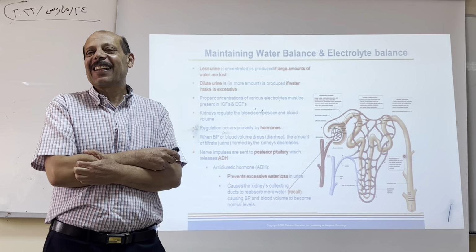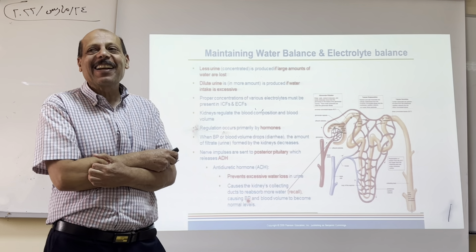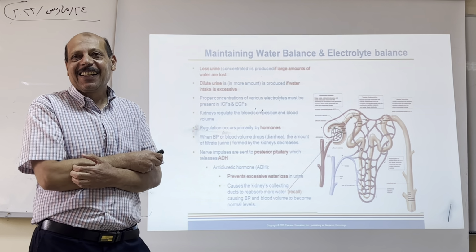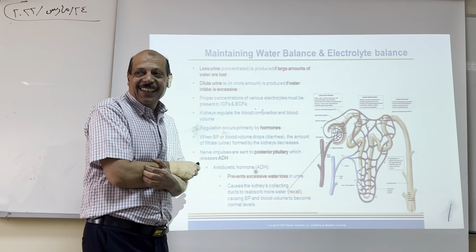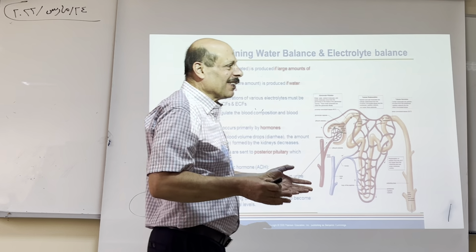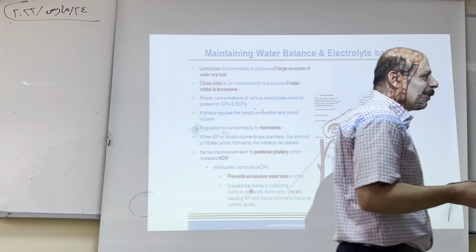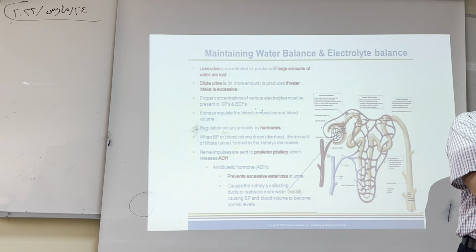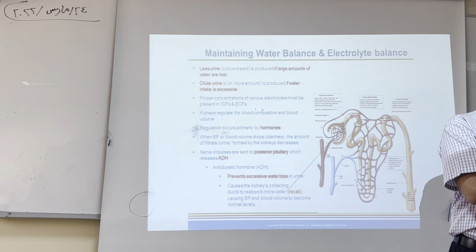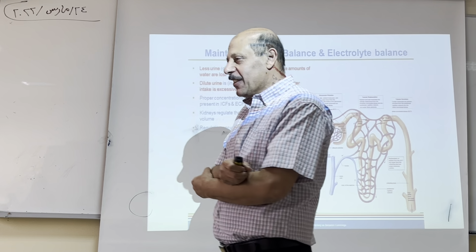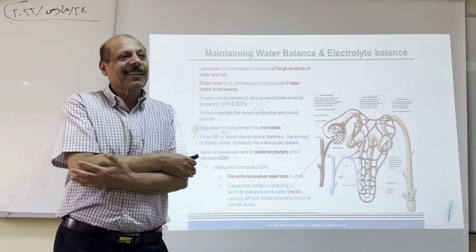What will you see if water retention is there? In the physical assessment, did you take anything related to that? Did you take the assessment of the lower limb? Yes, edema. Thank you.